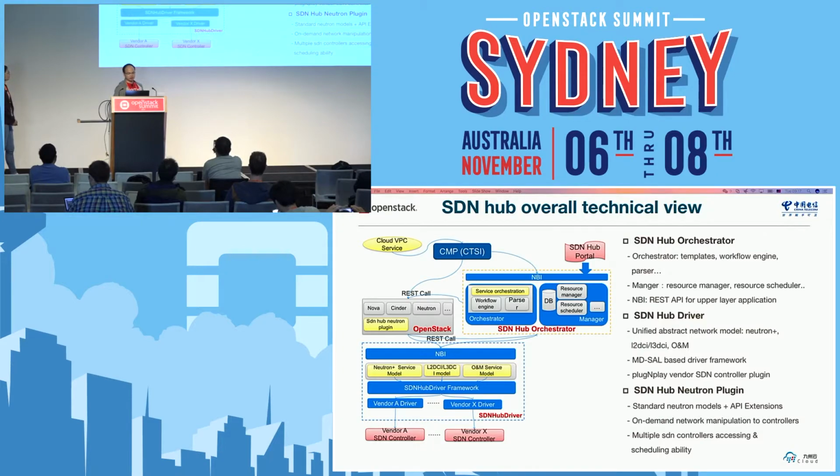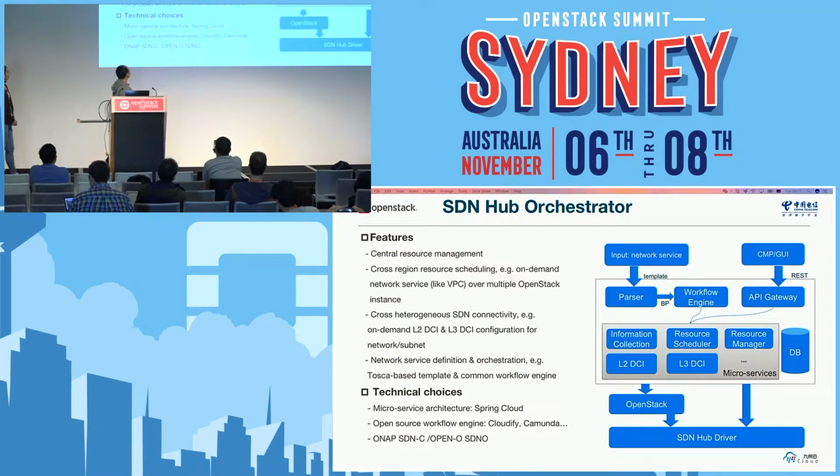Let's break it up part by part. Let's look first at the SDN Hub orchestrator. On the right side is the main path. The main features are central resource management. After this system is set up, we will register the main system resources into the resource manager.